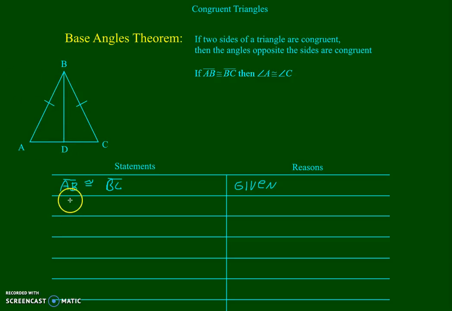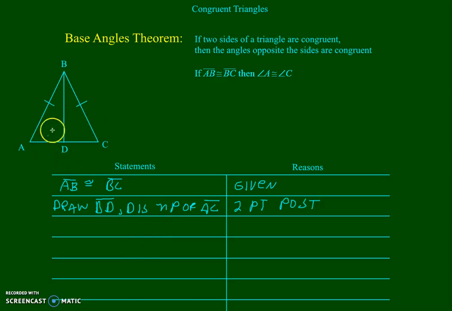So the first thing I did is draw BD, D is the midpoint of AC. And the reason for that is the 2-point postulate, which says through any 2 points there's exactly one line.